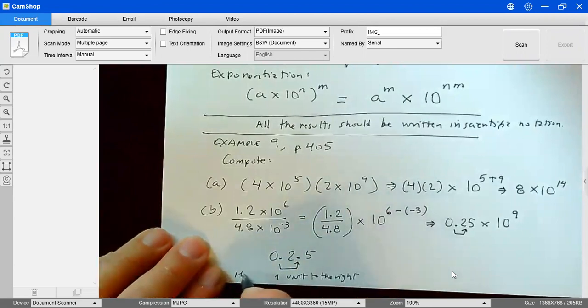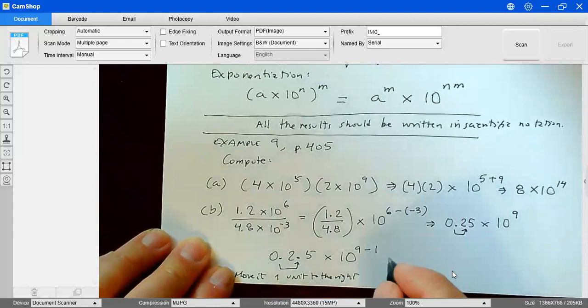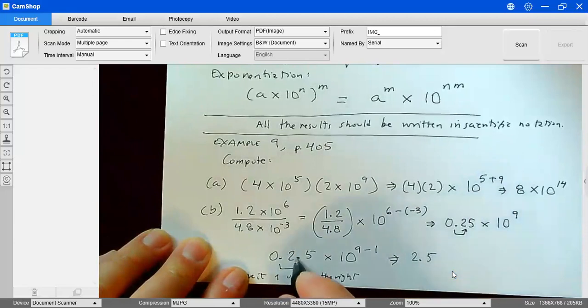I'm going to move the decimal point 1 unit, 1 place to the right. I need to adjust the exponent of the power. When you move to the right, you subtract the number of places that you move the decimal point. So the final answer for this problem is going to be 2.5, because now the point is here, times 10 to the 8.